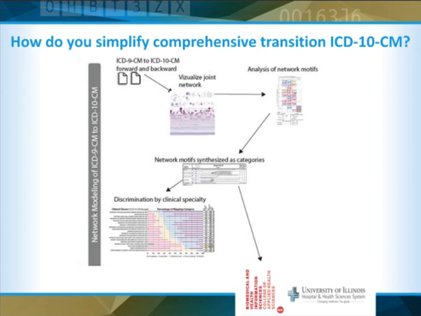So how do we simplify this? How do we take this inherent contradiction from the government of missing 30% of historical data or 70% of new data? What we did was take the original GEM files, visualize a joint network, analyze the motifs, simplify it, and then look at the individual discriminatory by clinical subspecialty.